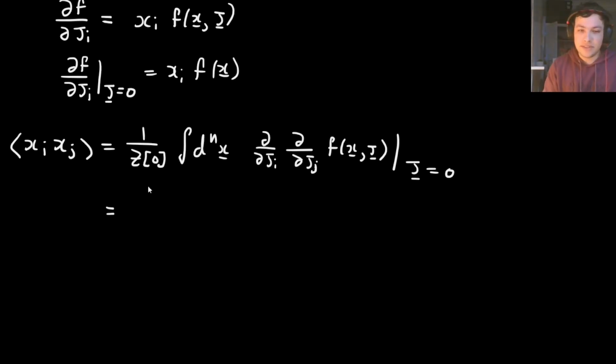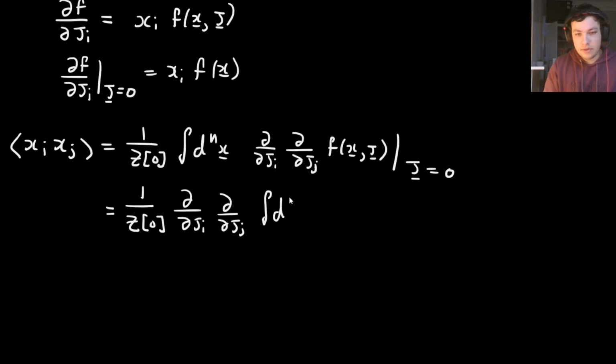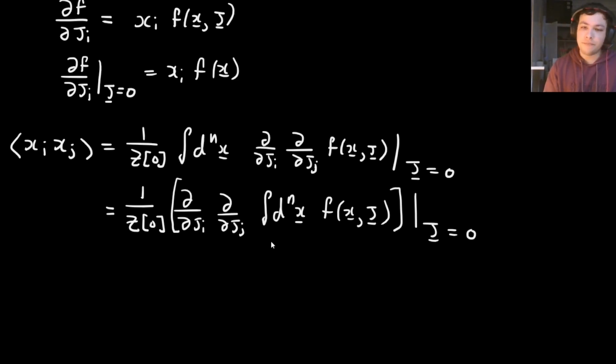So we can say that this is 1 over Z_0 d dJ_i d dJ_j integral d^n x f(x, J), and then all of this evaluated at J equals 0.